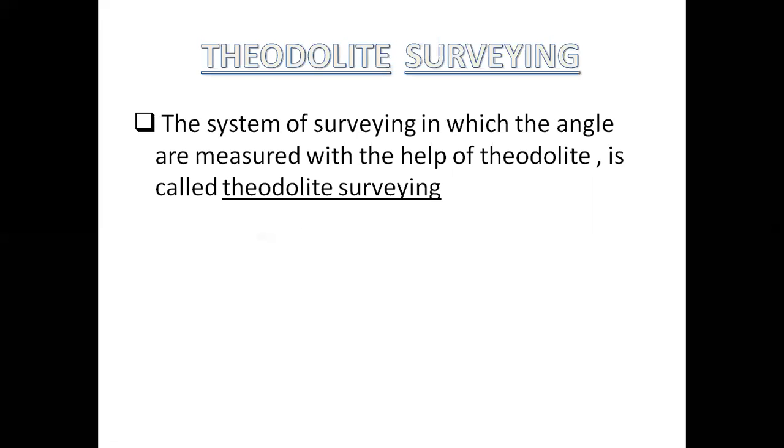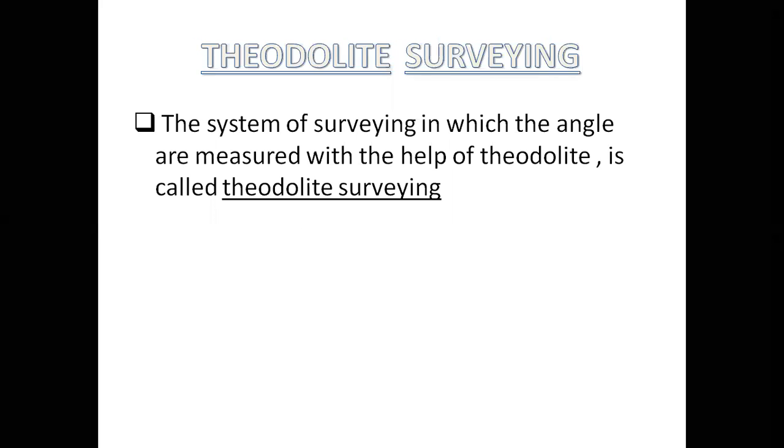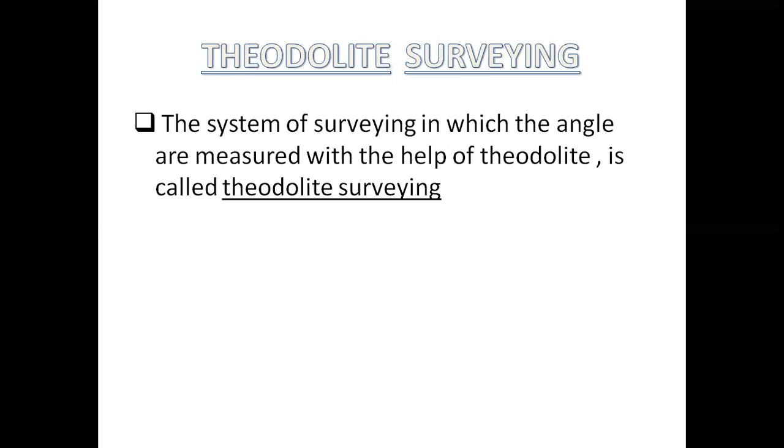Now, this is the definition of theodolite survey. The system of surveying in which the angles are measured with the help of theodolite is called theodolite survey. If angle is measured with the help of the theodolite, then it is theodolite survey. If for measuring the angle you use the compass, then it is called compass survey. These are simple definitions.